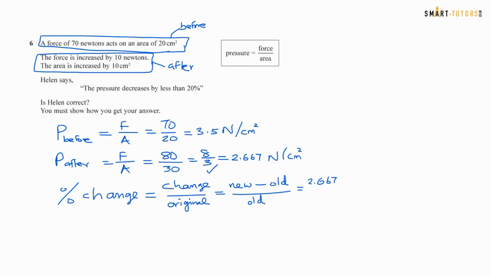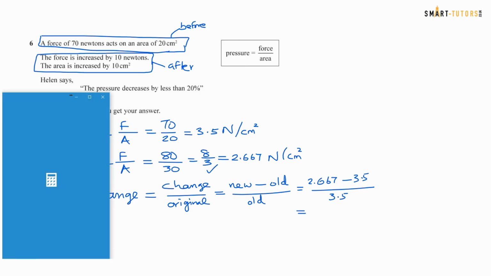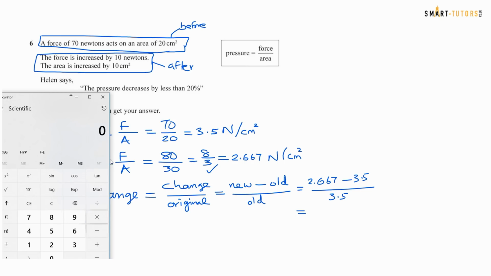New minus old means you are talking about change. So the new is 2.667, you can use the fractional answer for this one also, minus 3.5, divided by 3.5.